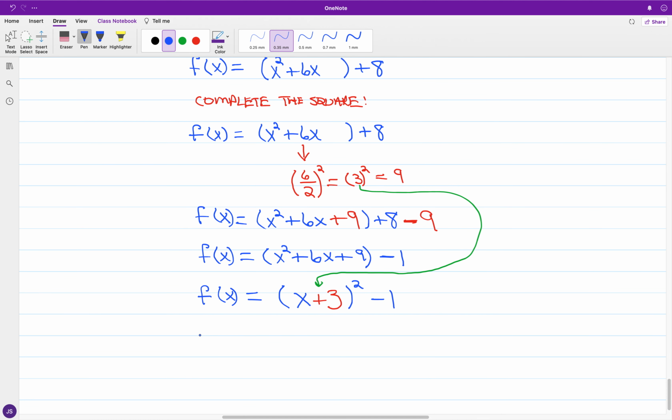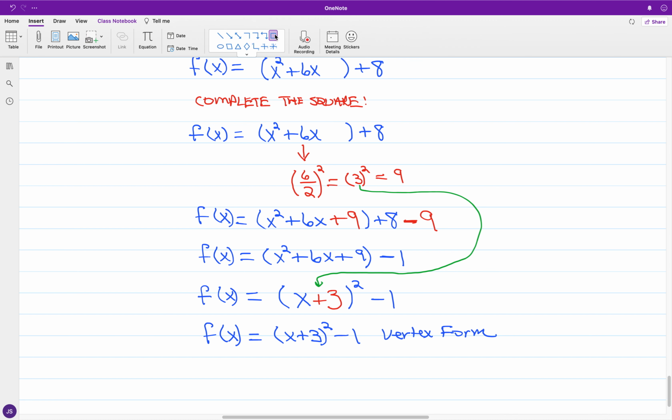And this is going to be your vertex form. So that'll be the result in this one.